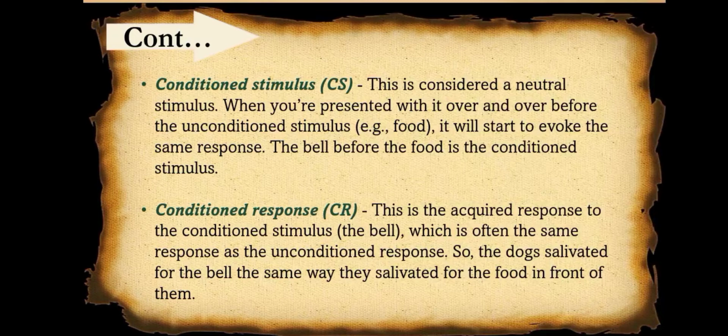And the last one is the conditioned response. This is the acquired response to the conditioned stimulus, the bell, which is often the same as the unconditioned response. So the dogs salivated for the bell the same way they salivated for the food in front of them.